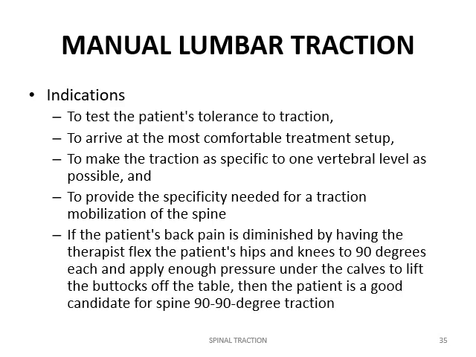If the patient's back pain is diminished by having the therapist flex the patient's hips and knees to 90 degrees and apply enough pressure under the calves to lift the buttocks off the table, then the patient is a good candidate for 90 degree spine traction. The disadvantage is that maintaining the large forces necessary for separation of lumbar vertebrae for a period of time is difficult and energy consuming for the therapist.